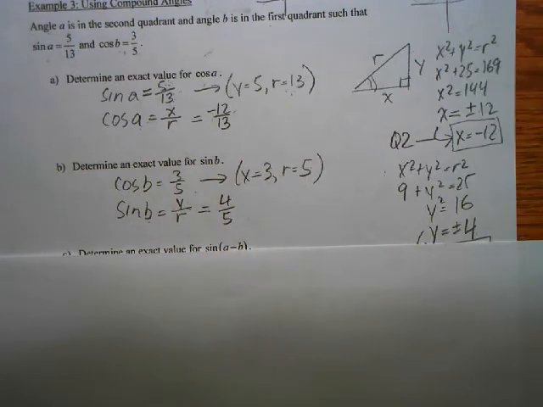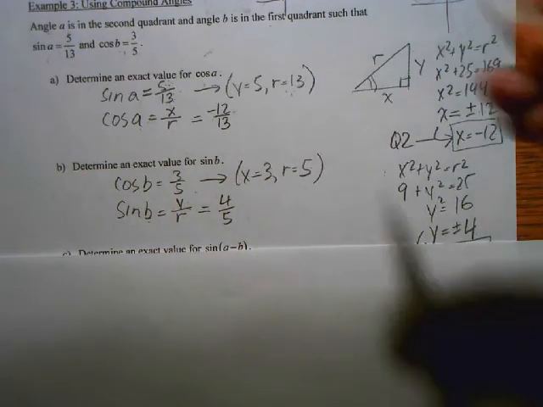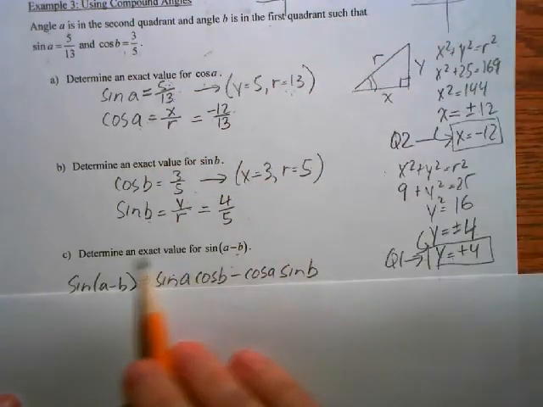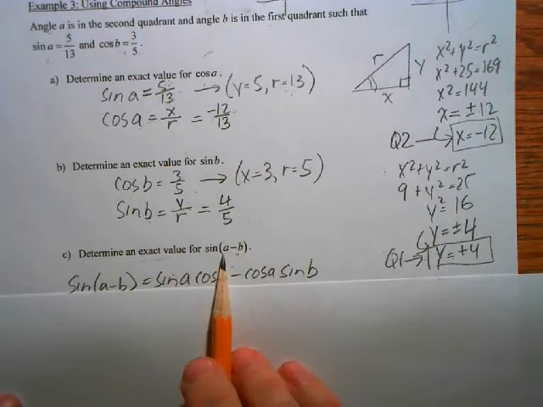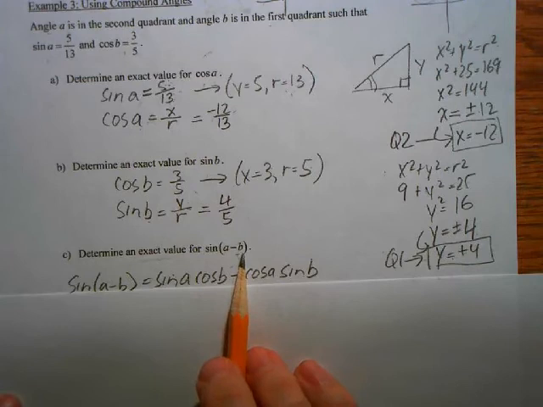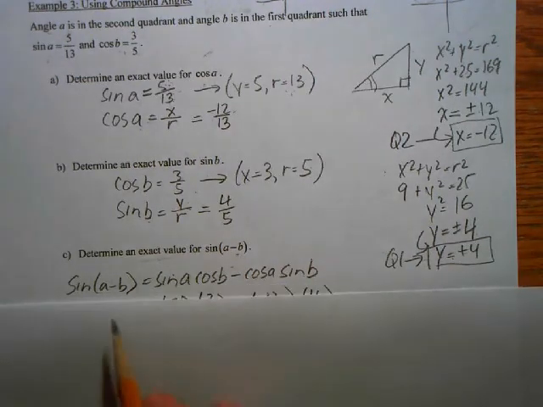Okay. So you might be asking, well, why are we doing all this other than the fact they asked us to? This is kind of setting us up for this question. Determine an exact value of sine of angle A minus B. Okay, so this is obviously the subtraction formula for sine. So I've just put that in here.